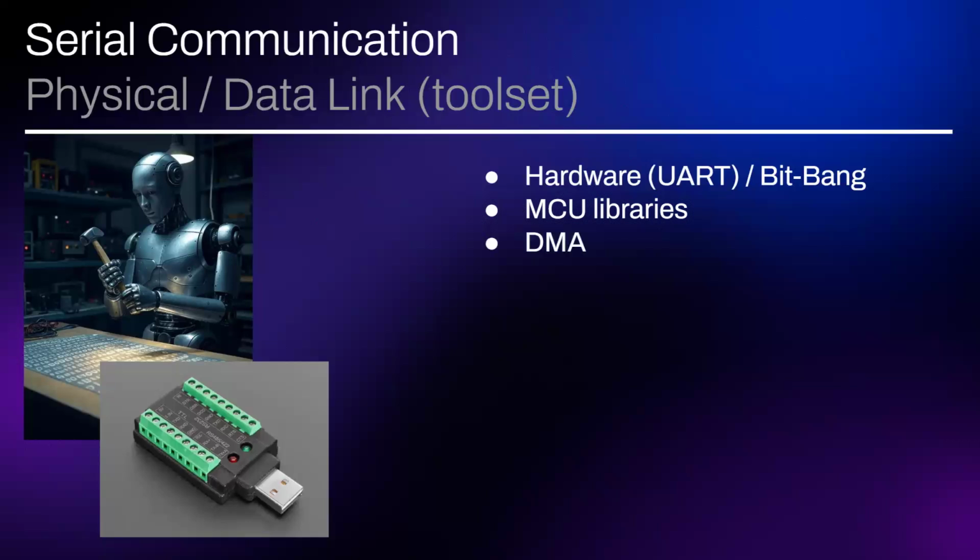DMA, do you guys know what DMA is? Direct memory access. It's when a piece of hardware, usually within the MCU, has access to the memory. So in this case, the UART can clock in the first 8 bits, stick it in memory, clock in the next 8 bits, stick it in the next memory location.